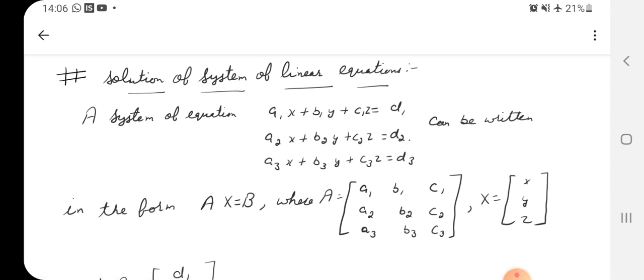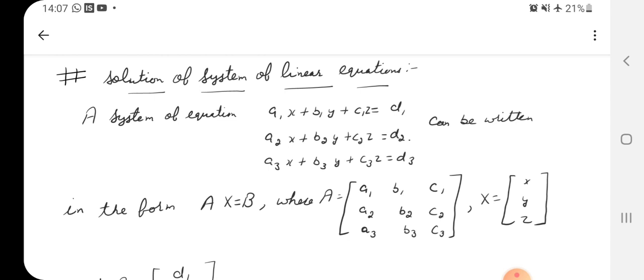You all know a system of equations a1x + b1y + c1z = d1, a2x + b2y + c2z = d2, a3x + b3y + c3z = d3 can be written in the form of AX = B, where A is also a matrix, and X and B are also matrices.